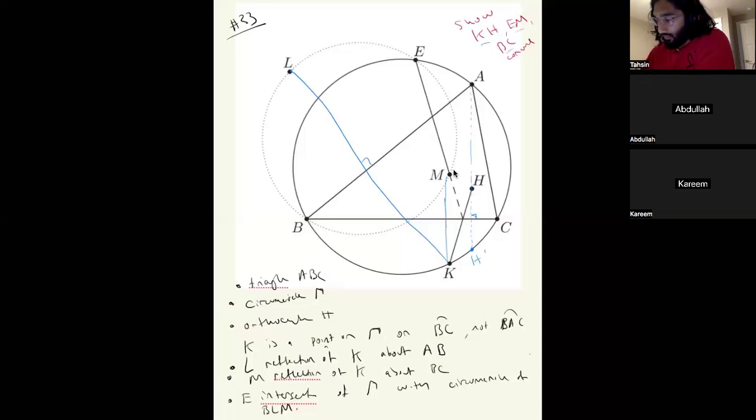Maybe another way of saying that is we want KH and EM to intersect on BC. Somehow I want to reformulate that using the fact that K and M are reflections of each other, and so are H and H prime.